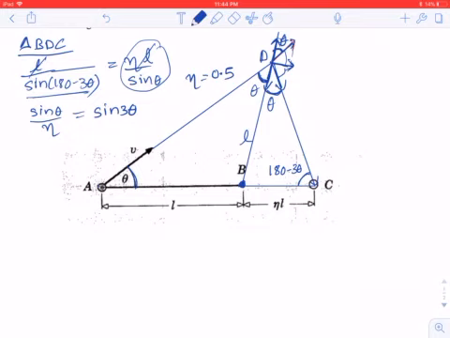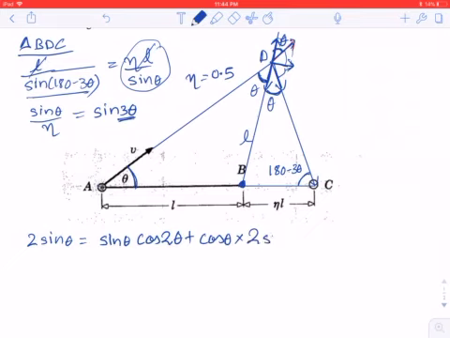I'm going to use that, so we can write 2 sine theta is equal to sine 3 theta, which we can expand as sine theta into cos 2 theta plus cos theta into sine 2 theta. Now sine 2 theta would be 2 sine theta cos theta. Obviously sine theta here is not 0, as theta is not 0, so we can cancel these. So we are left with 2 is equal to this plus this.